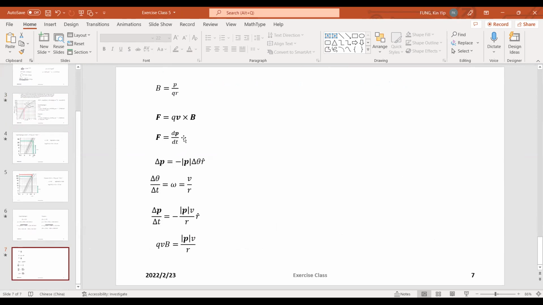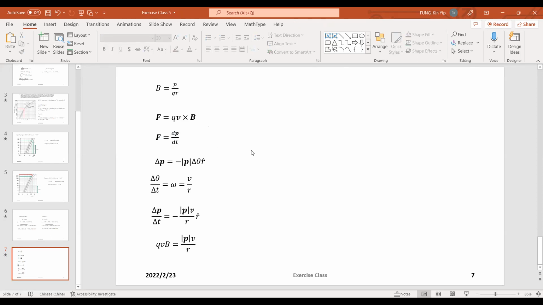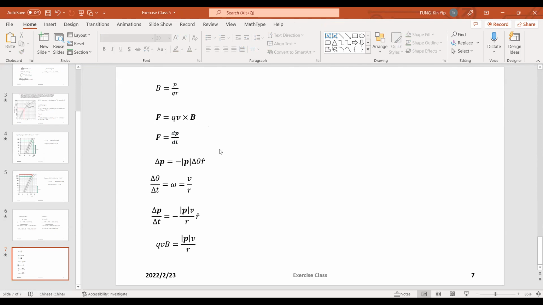In the relativistic case, this is still valid, given that P is the relativistic momentum. If you use proper time here, then the left hand side will become the 4-force. But here we can just simply use this because we are stuck with the laboratory frame.